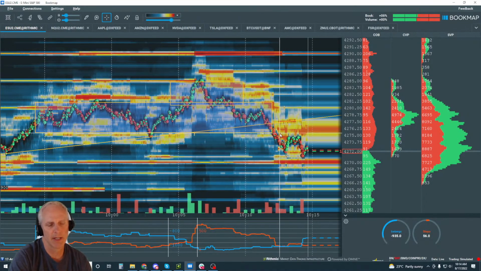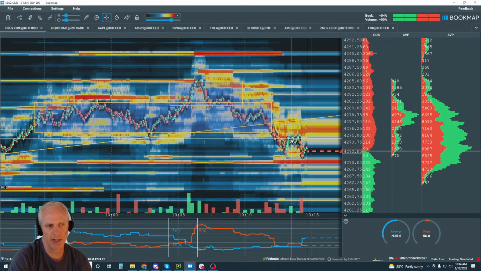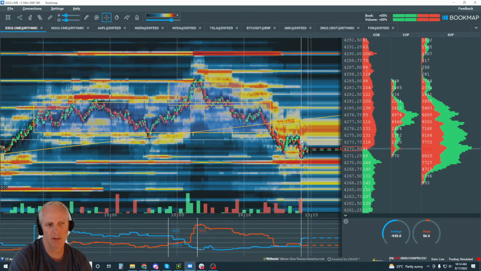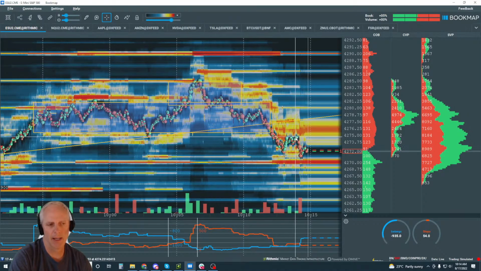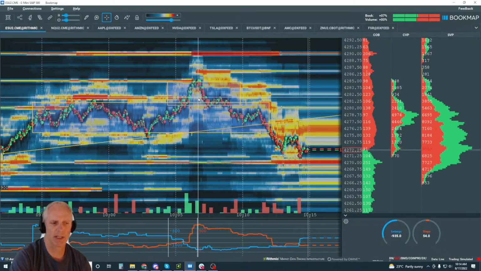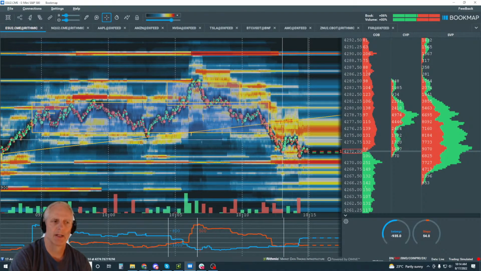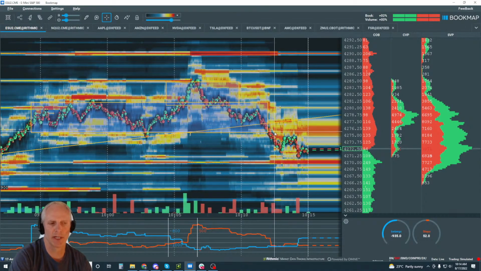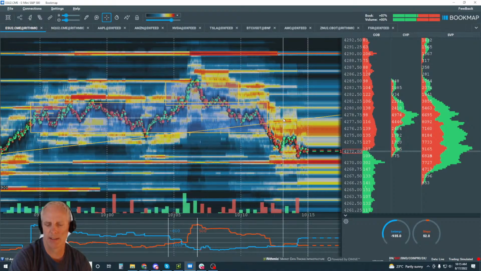Whatever strategy you're looking at, could be volume profile, it could be something else, it could be patterns, it could be Fibonacci levels. Whatever it is, I think you will gain an edge if you look at the order flow to support these ideas.